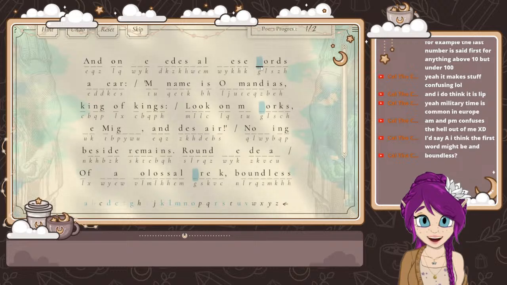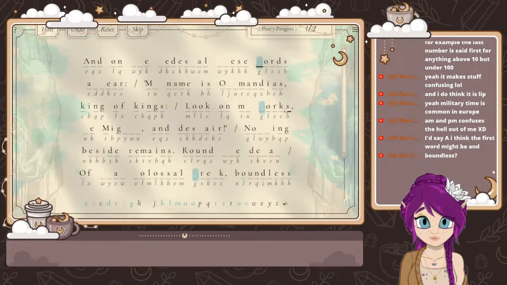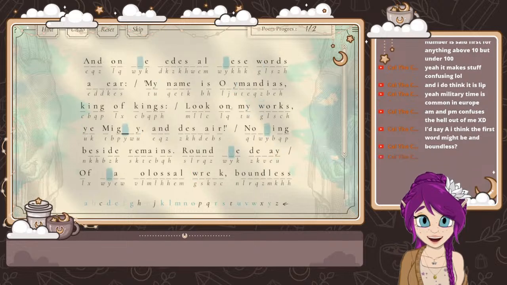I want to say lords, but I don't think it works with this word. Words? Works? Look on my works.